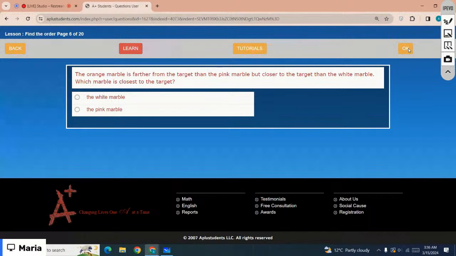The pink marble is the closest. The correct option is the pink marble. Very good.